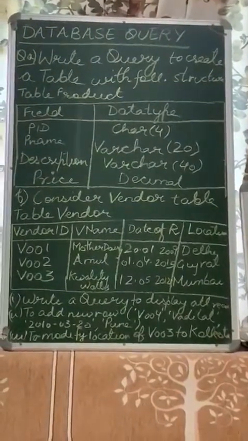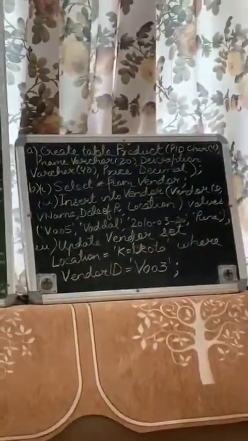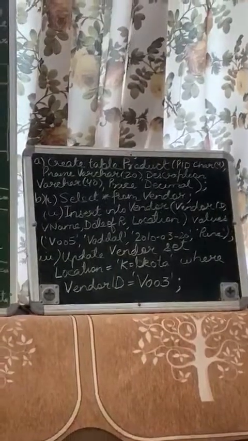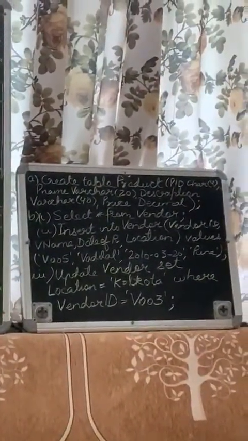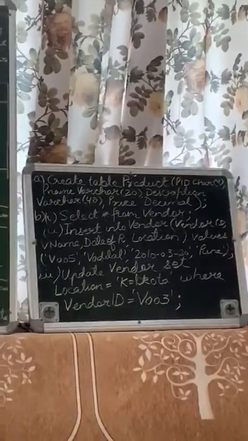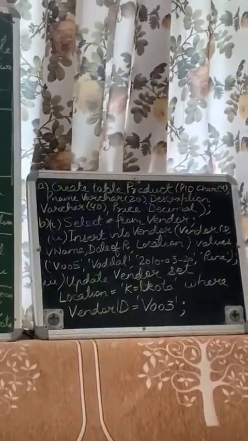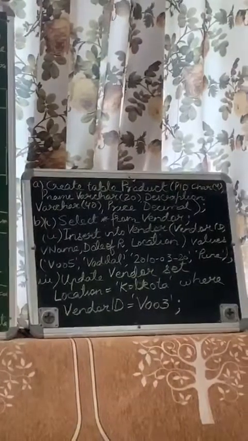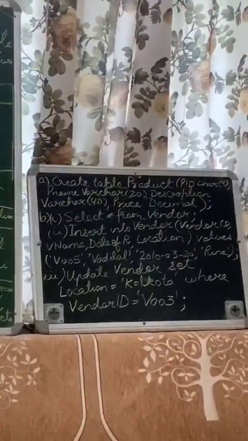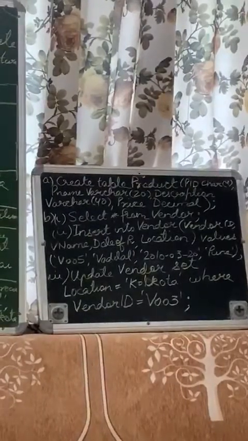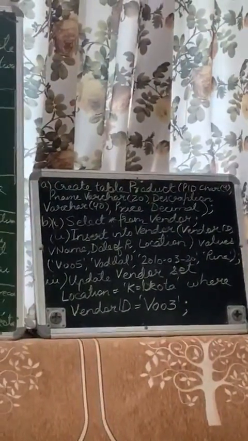Now how to add a new row to the table? You use the insert query for that. So the insert query will be insert space into, then a space vendor. In the brackets you will write the field names: vendor ID, comma vendor name, comma date of registration, comma location, then the bracket close, then again a space, then you write values, and then you write the actual values.